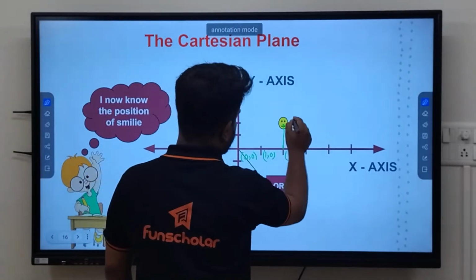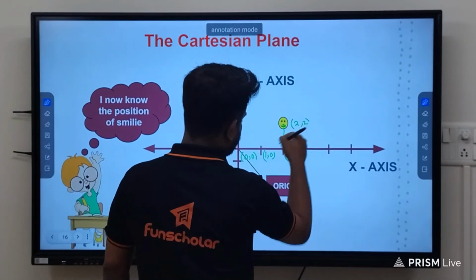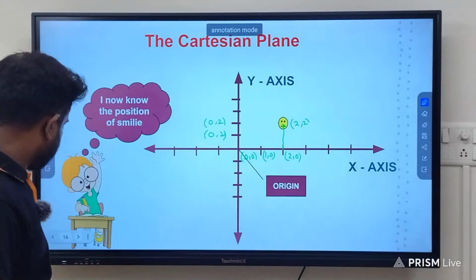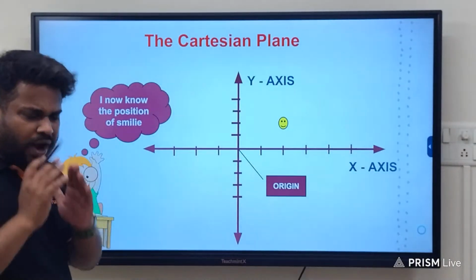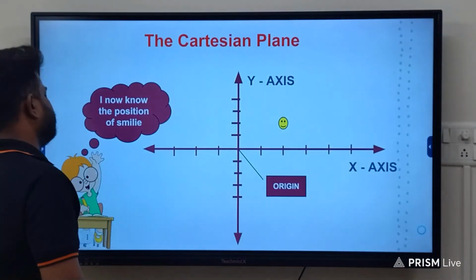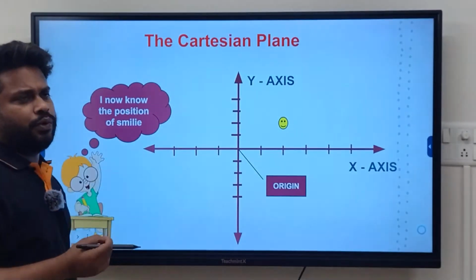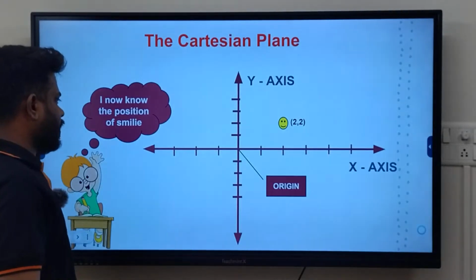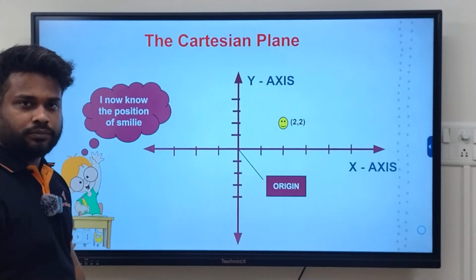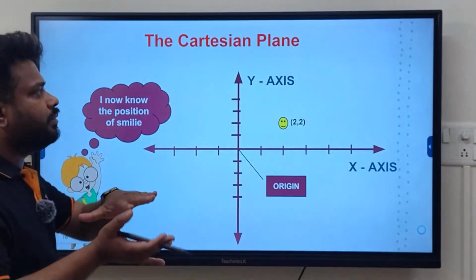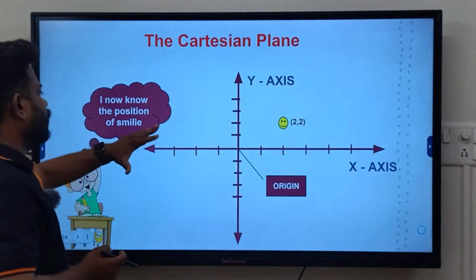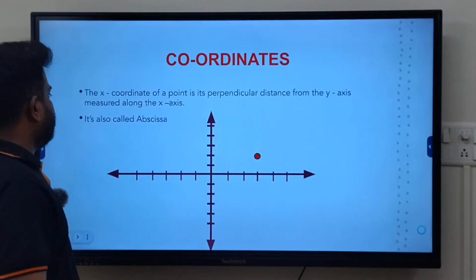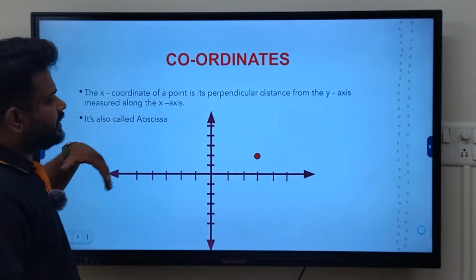So the smiley's position will be 2, 2, right? This was quite easy to find. So that is 2, 2. Let's go further.